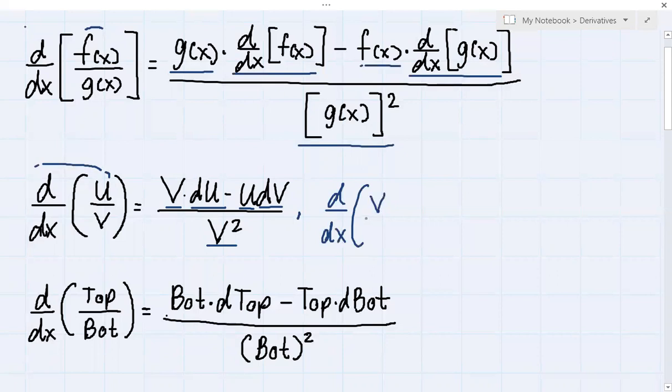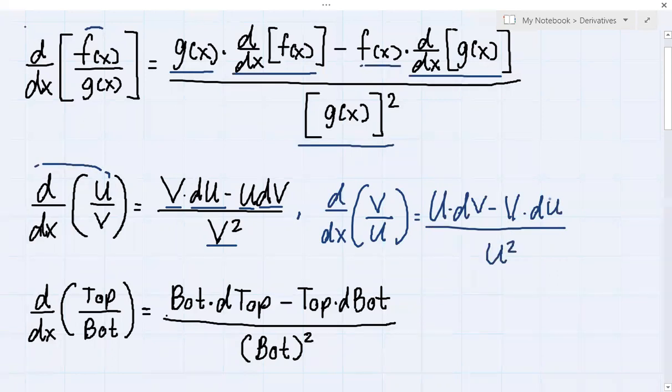The derivative of V all over U is equal to U dV minus V du all over the square of U. Ganito ang magiging formula niya. So, ibig sabihin nun, unlike sa product rule, kailangan mo talagang piliin kung saan si U at saka saan si V. Okay, kasi magkakaiba to ng formula.